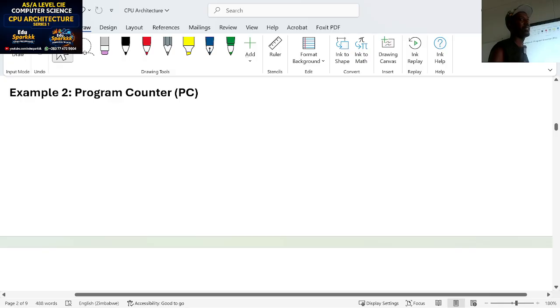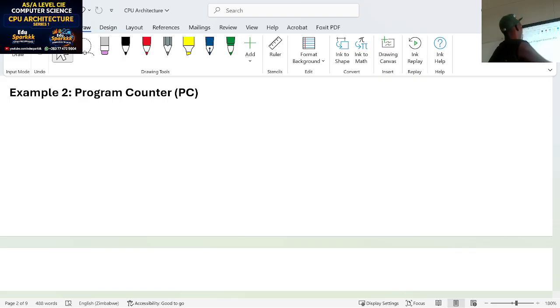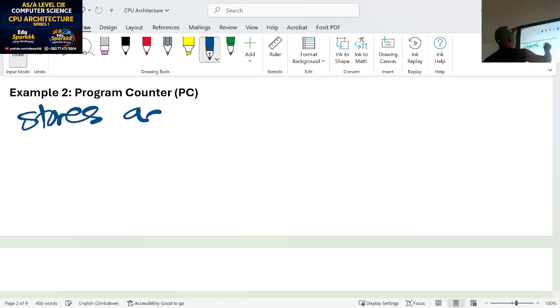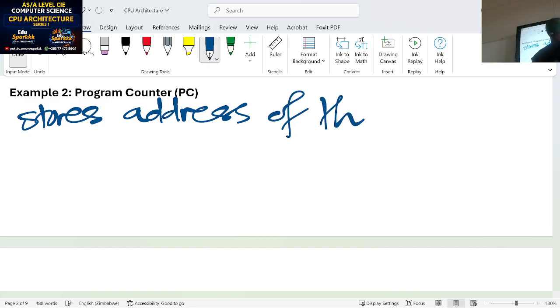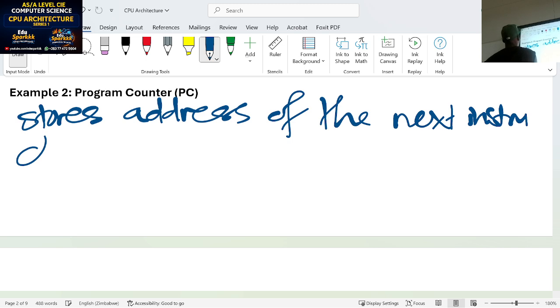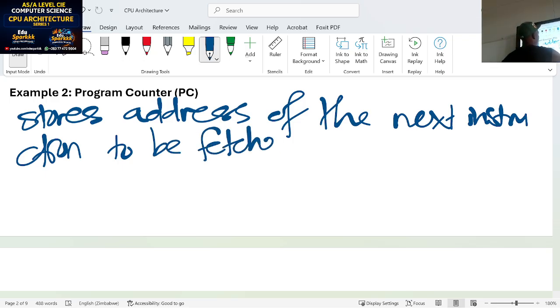Then next, we're interested in the program counter. See, the purpose of the program counter is it stores the address of the next instruction to be fetched. So that's the program counter.